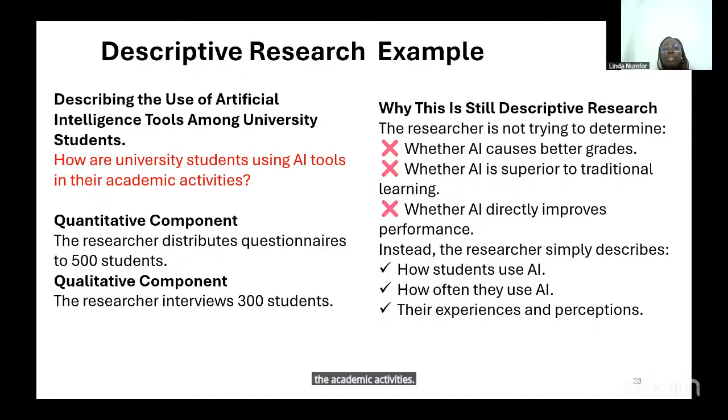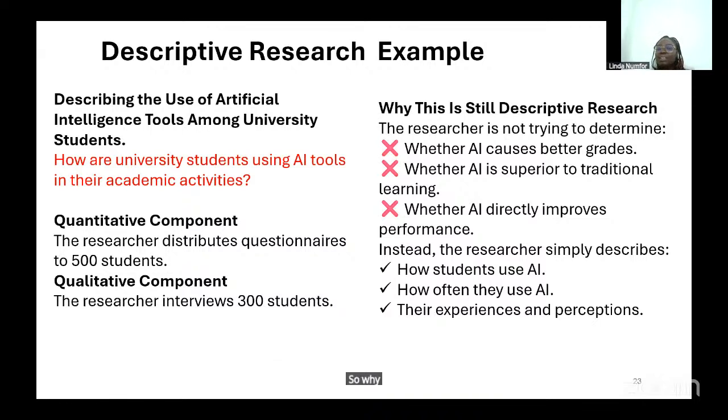The quantitative component in this descriptive study will be researchers distributing questionnaires to 500 students. So they have a whole lot of data that they can analyze using quantitative methods. And then the qualitative component here will be the researcher interviewing 300 students on how they are using AI tools in their academic activities.